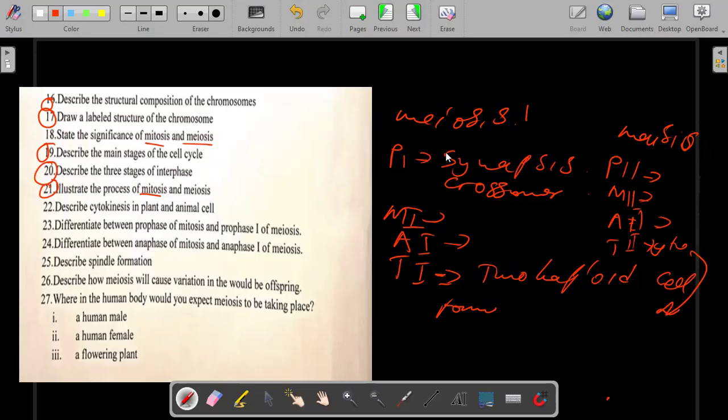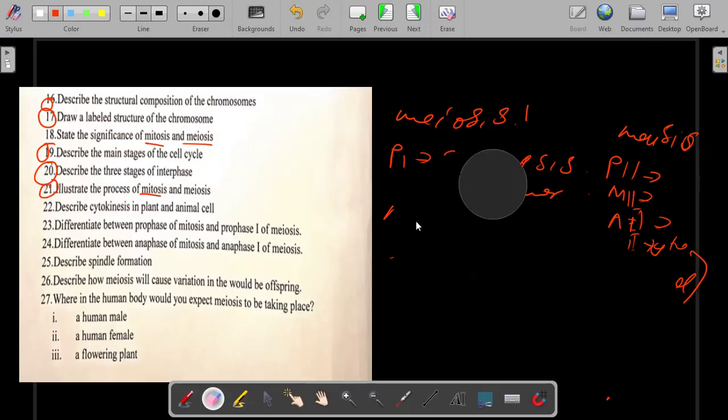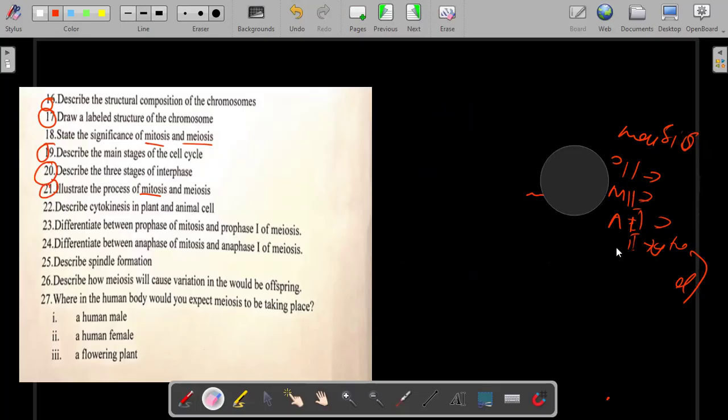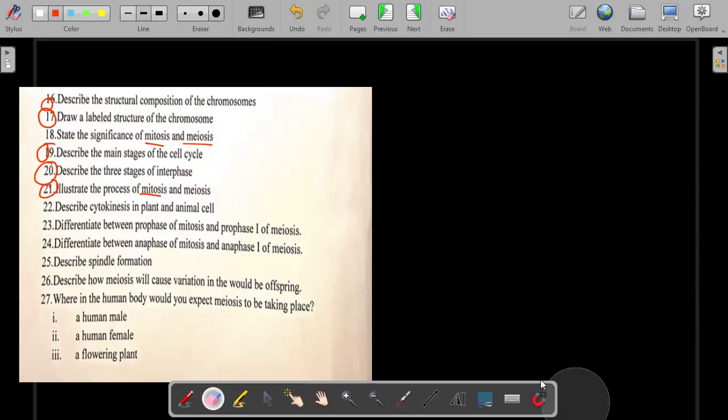Okay, so now we go to part 22. It's saying describe the cytokinesis in plants and in animals.